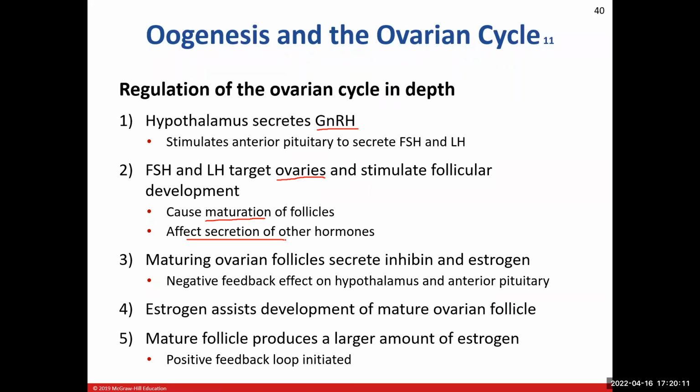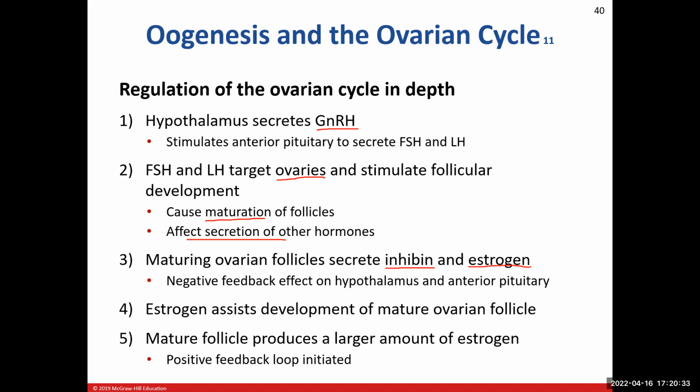As those maturing follicles are developing, they're going to release inhibin and estrogen. Now, estrogen is again going to start to get the lining of the uterus ready, and it's also going to promote the maturation process in those follicles.